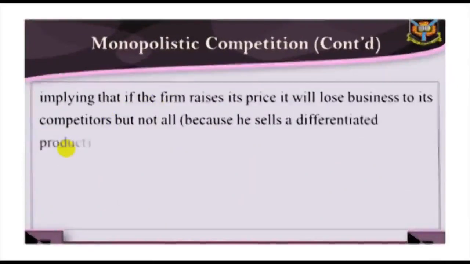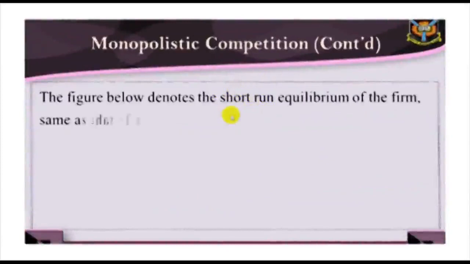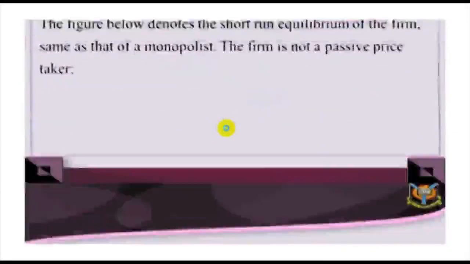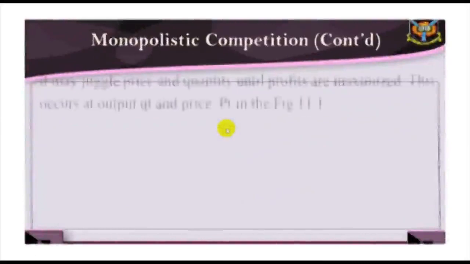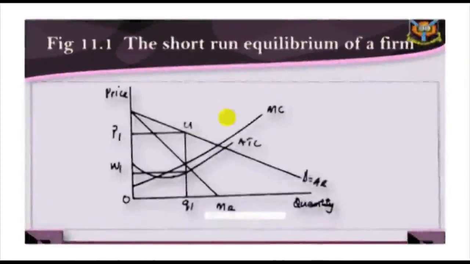The slope of the demand curve will, however, depend on the extent to which the firm's product is differentiated from its competitors. The figure below denotes the short-run equilibrium of the firm. The firm is faced with a downward sloping but rather flat demand curve. The firm will, of course, have the usual U-shaped short-run cost curve.